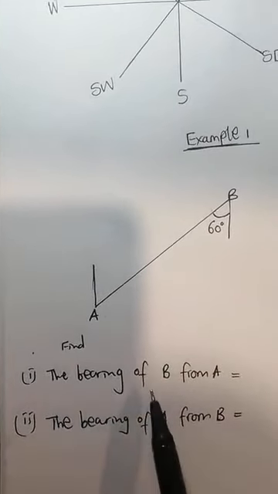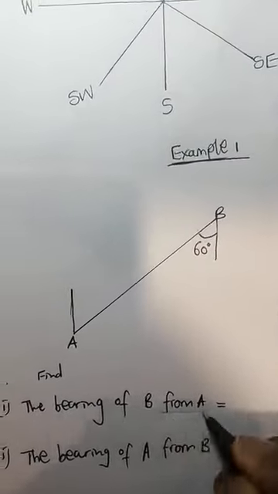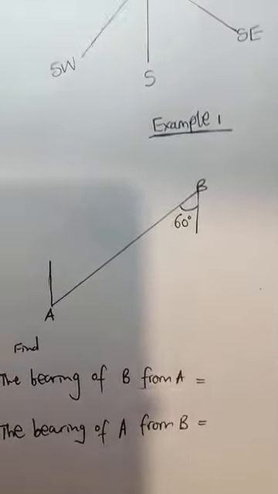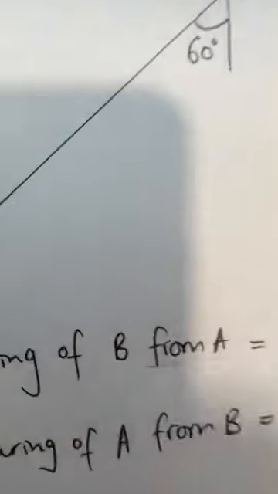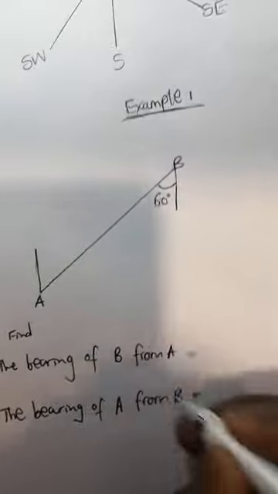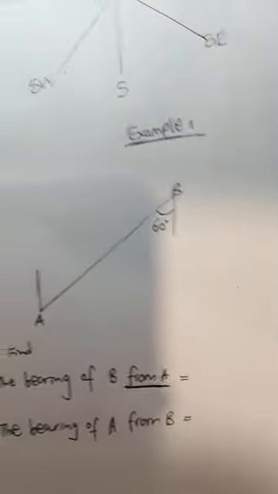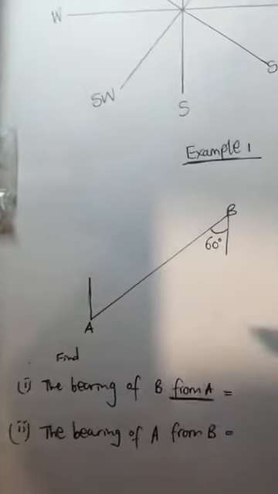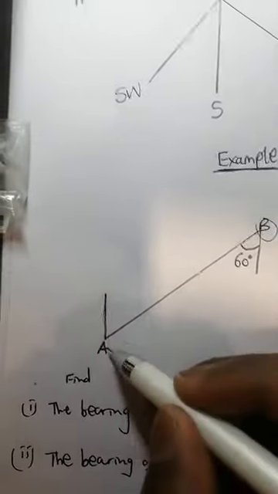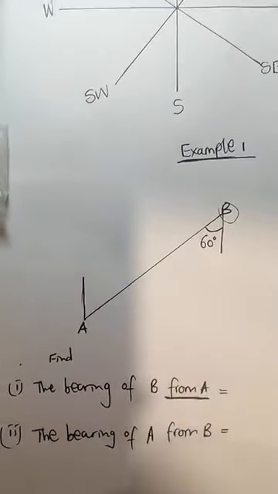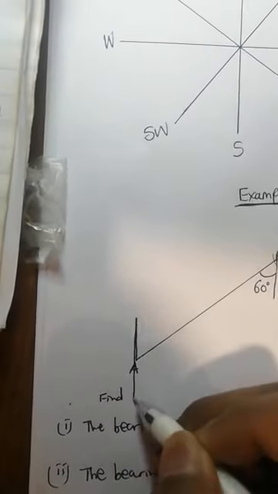Find the bearing of B from A. So we underline the word from A. You underline this word from A. So we want the bearing of B, but we want to come from A. So we go to this point A, we draw our compass.